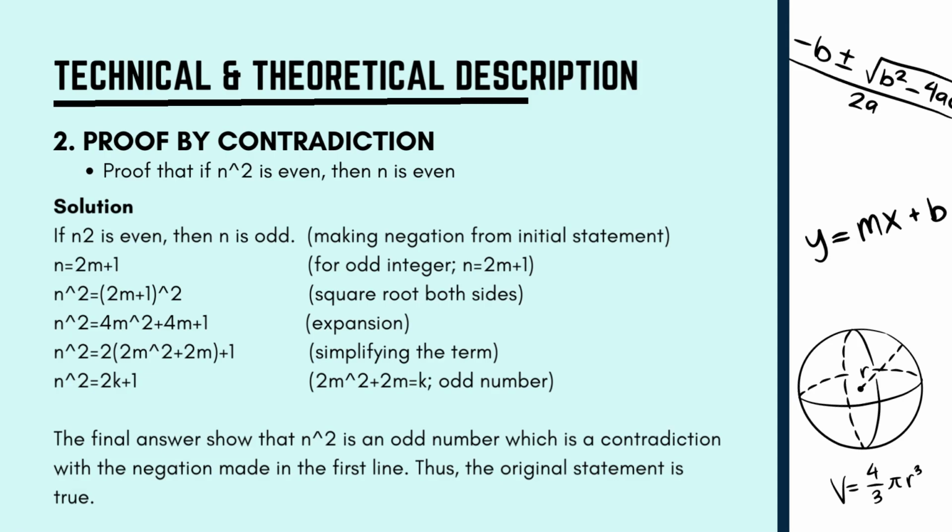Finally we get n power of 2 equal to 2k plus 1, where 2m power of 2 plus 2m equals k, which is an odd number. The final answer shows that n power of 2 is an odd number, which is a contradiction with the negation made in the first line. Thus, the original statement is true.